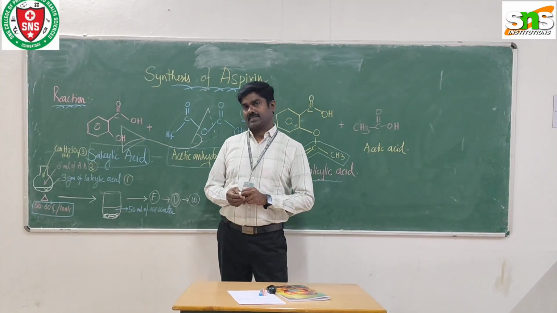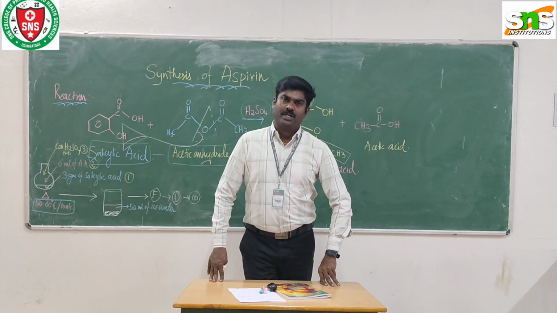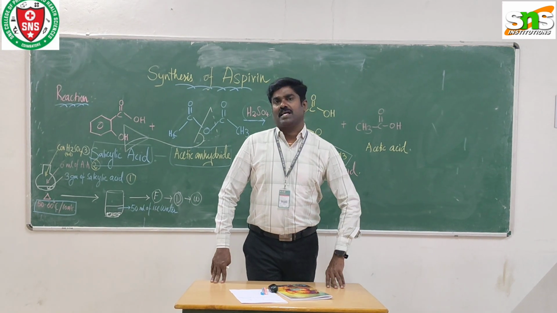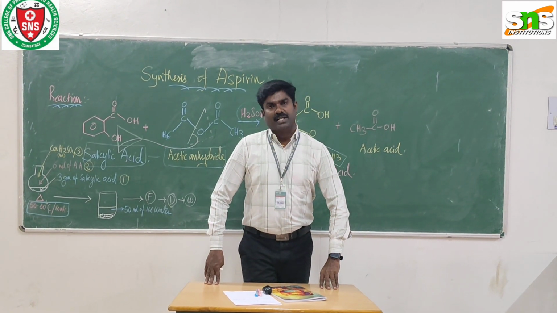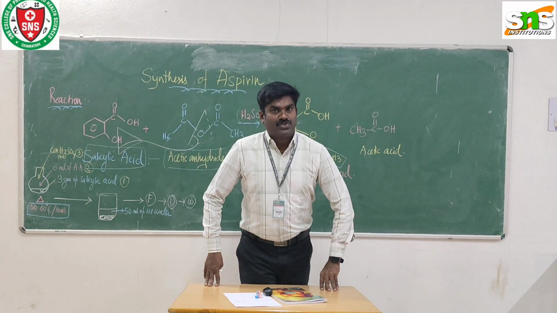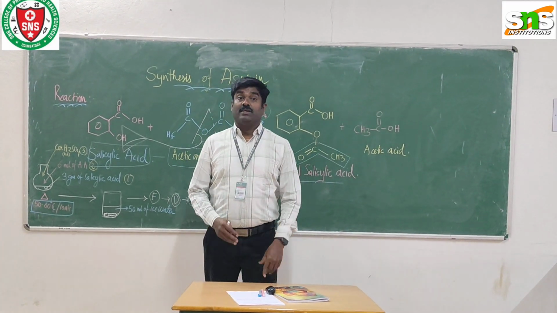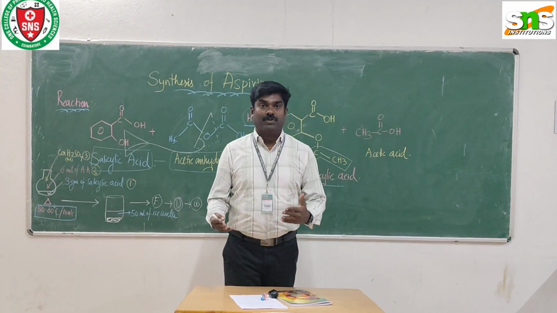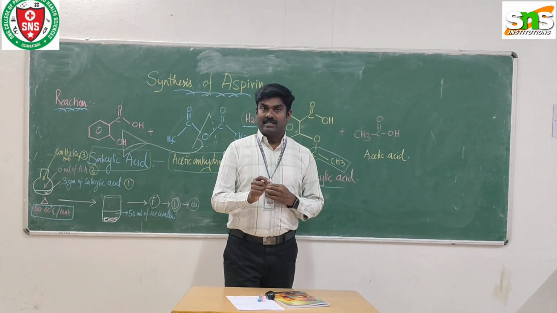We can perform it in a simple test tube. We take a pinch of sample; the quantity does not matter. Normally we take a quarter of a spatula of the aspirin or acetylsalicylic acid which you have prepared in your lab, and take it in the test tube.